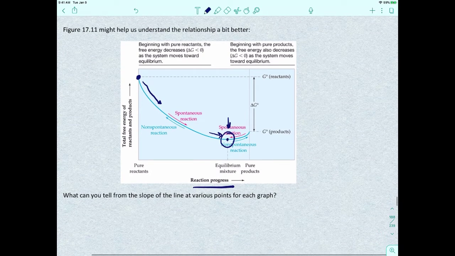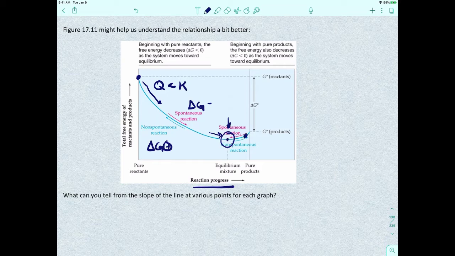Okay, so at the top, we're going to see that the reaction quotient is less than the equilibrium value, and that delta G should be negative in the spontaneous direction. If it's non-spontaneous, the delta G value should be positive.